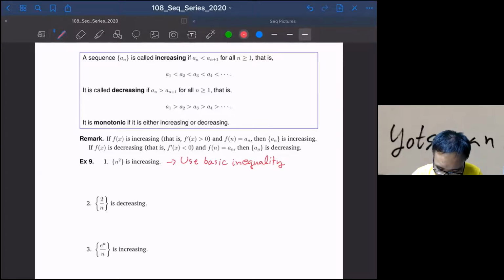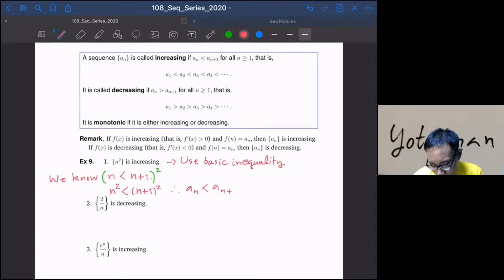We know n is smaller than n plus 1, and you just square both sides. So you get n squared smaller than n plus 1 squared, so an is smaller than an plus 1. That means the next term is more than the previous term, so we have increasing.